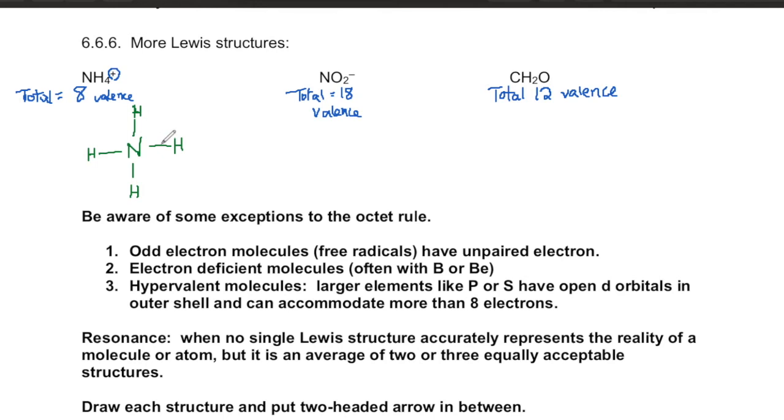Then we've used 2, 4, 6, 8 electrons, and there are no more electrons to put around the structure, but it looks fine the way it is because each of the hydrogens has access to 2 electrons and the nitrogen has access to 8. The only thing we can add is the charge, a little bracket outside the structure showing that overall this structure is 1 electron short, so it is positively charged.